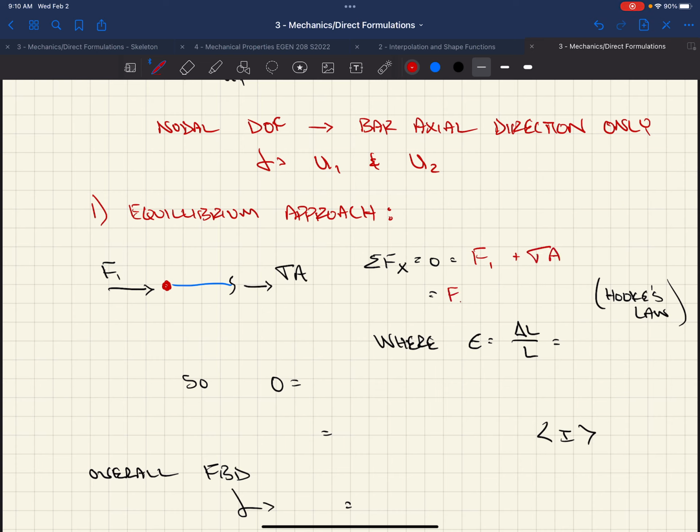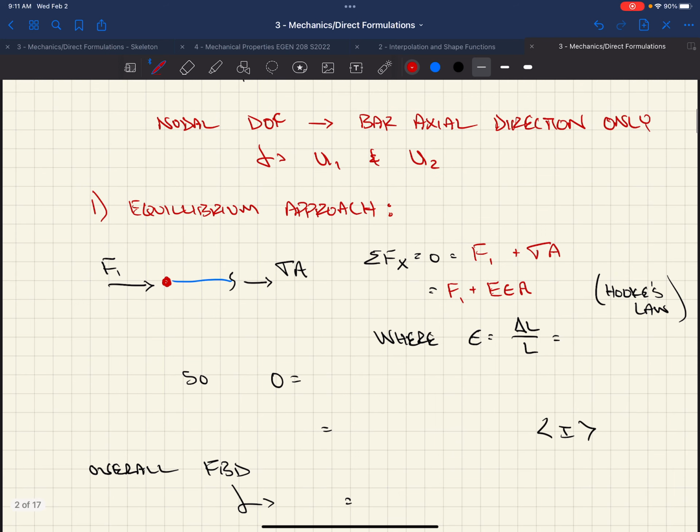If we use our constitutive relationship, assuming linear elastic, we get to use Hooke's law. Stress now becomes E epsilon times A, where epsilon is our change in length over the original length. Our change in length can be related back to our change in deformation of our nodal points, U2 minus U1.